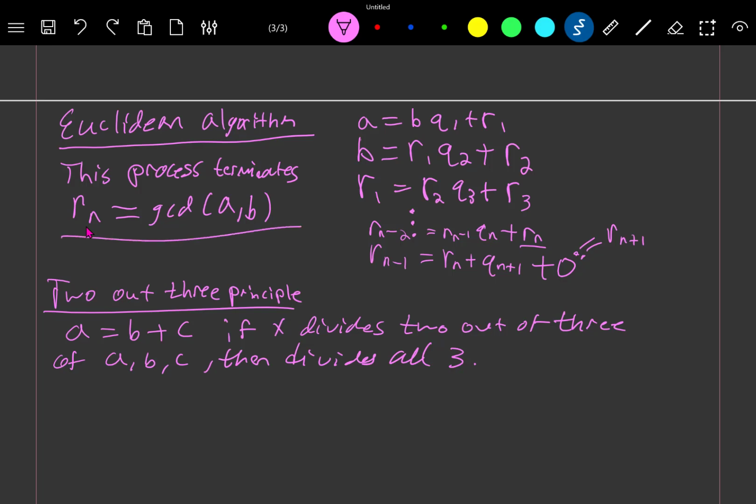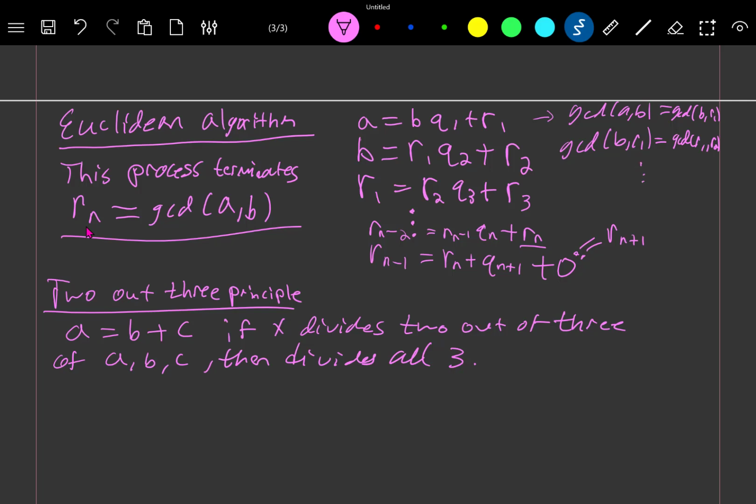So to get that R_n is the GCD of A and B, just looking at this, we have here that the GCD of A and B is the GCD of B and R1. And here, the GCD of B and R1 is the GCD of R1 and R2.